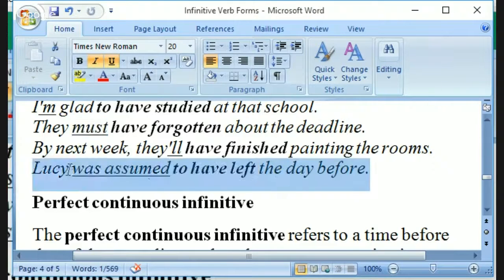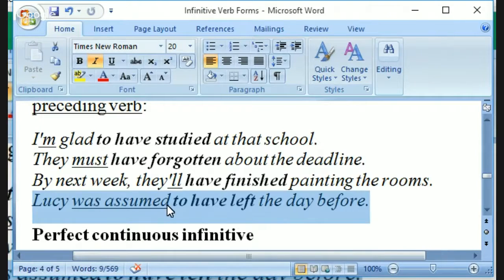All right. And then finally, a passive. Lucy was assumed to have left the day before. Now, in this case of the passive form, you almost have to use a past tense here.